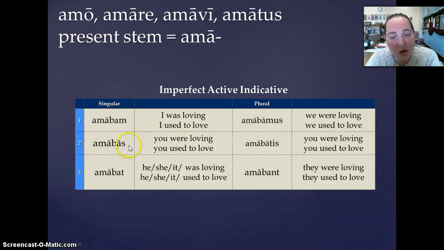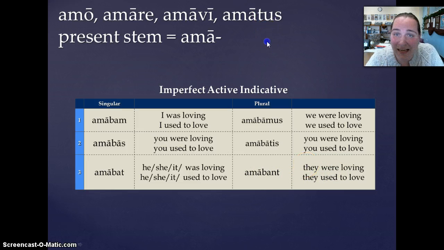Amabas, you were loving, you used to love. Amabat, he was loving, she was loving, it was loving; he used to love, she used to love, it used to love, and so on. Amabamus, we were loving or we used to love. Amabatis, you were loving or you used to love, or y'all, if you're from outside of DC, which I am. And amabant, they were loving or they used to love.